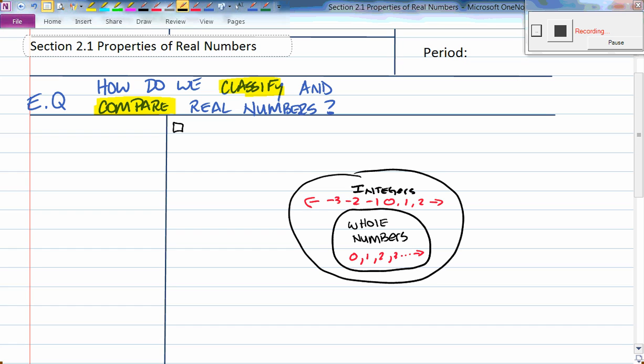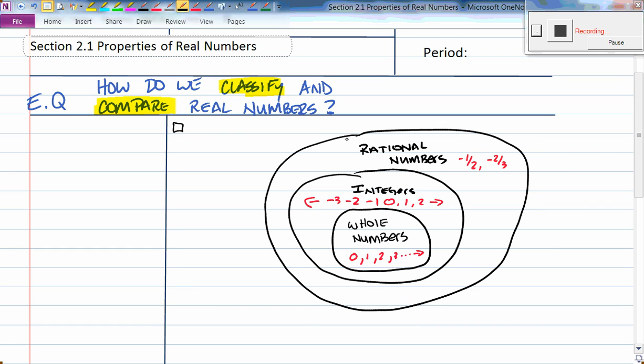Then you start talking about fractions, and we call those rational numbers. Rational numbers. And the rational numbers are all of the whole numbers, all of the integers, and then all the fractions. So, such as, -1/2, -2/3, and so on and so forth. So all the rational numbers are all these together, and the circle just keeps getting bigger.